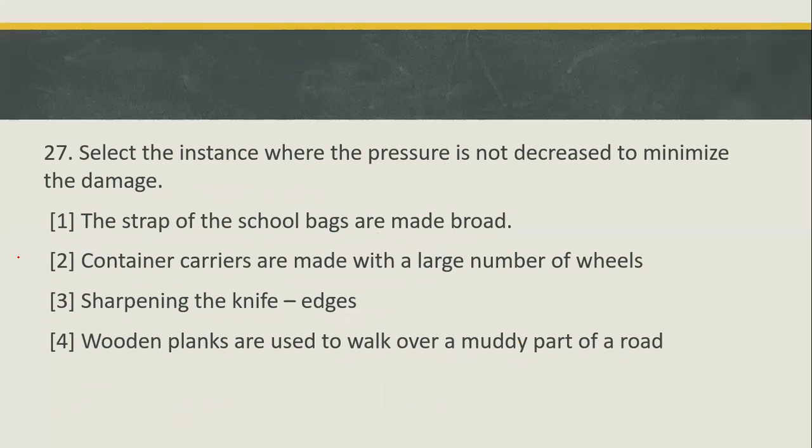Container carriers are made with a large number of wheels. Sharpening the knife edge. Wooden planks are used to walk over a muddy part of the road. The straps of the school bags are made broad to decrease the pressure, so it's much more comfortable for your shoulders.